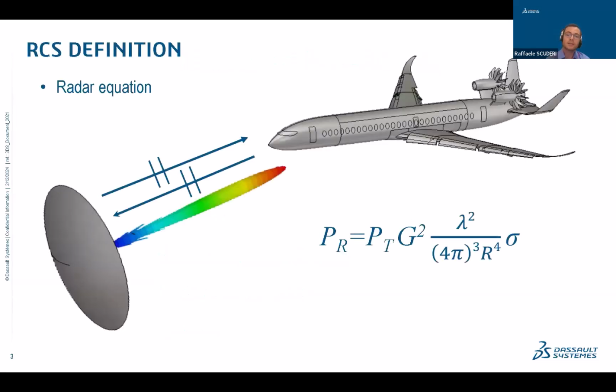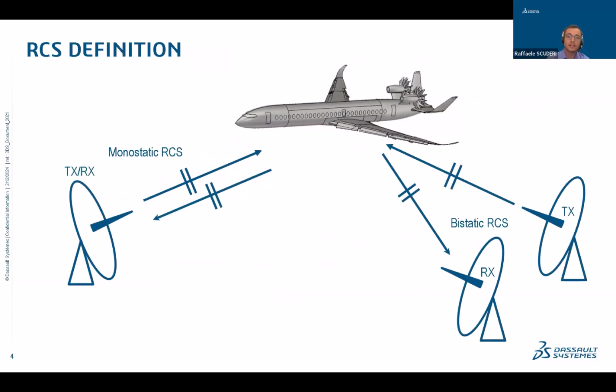When it comes to radar cross-section, please allow me just to introduce the very well-known radar equation, right? In the monostatic configuration when transmitter and receiver are in the same location. Okay, in this very simple equation, you see a little letter, sigma, which is going to be the focus of this presentation and can be the focus of an entire career of an engineer.